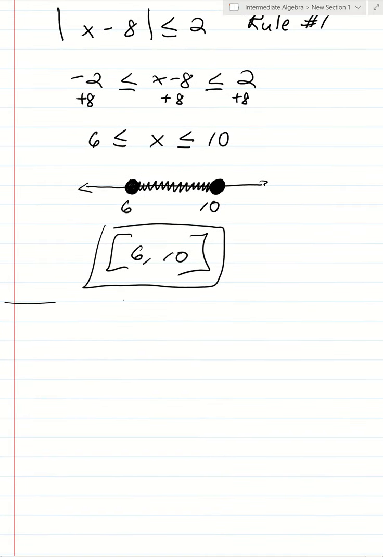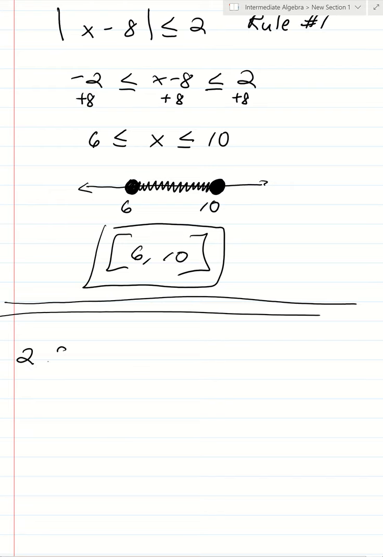Now, there are two special cases that I want to show you involving the absolute value inequality. I'm just going to make up two very similar problems.